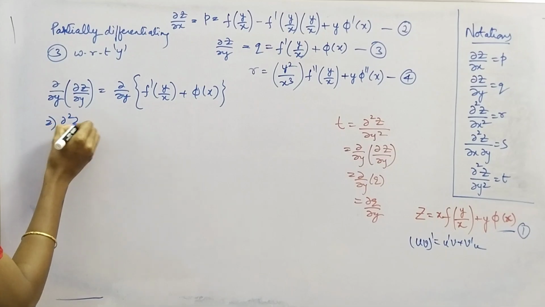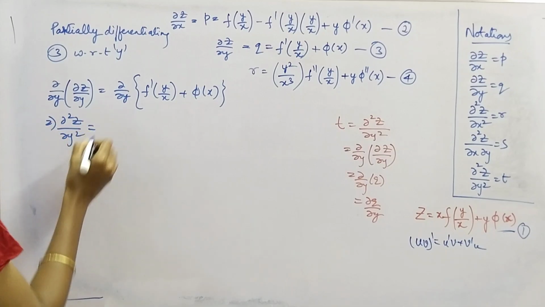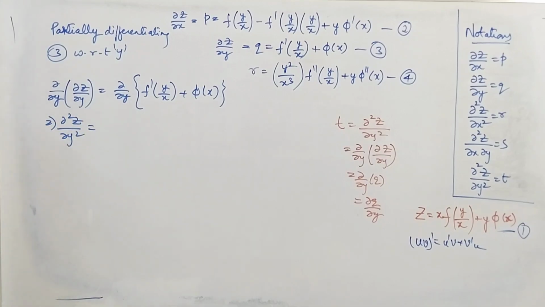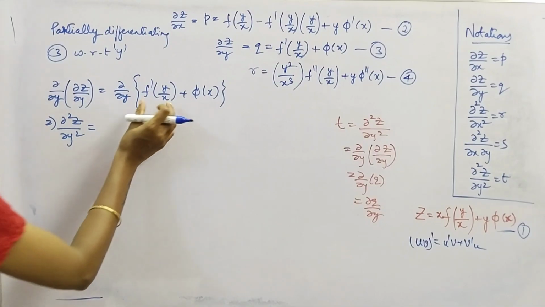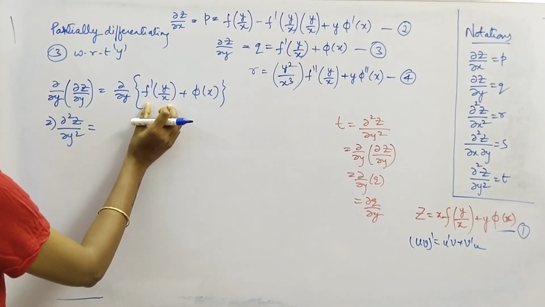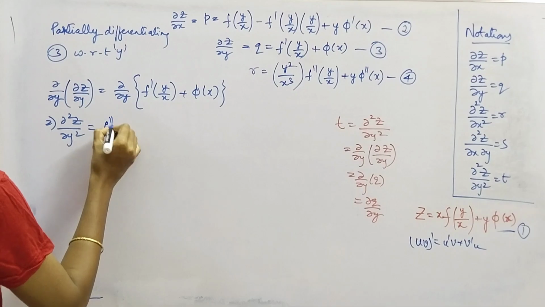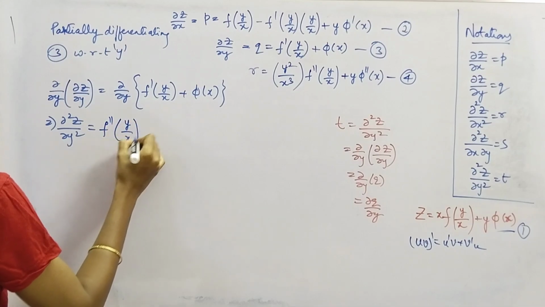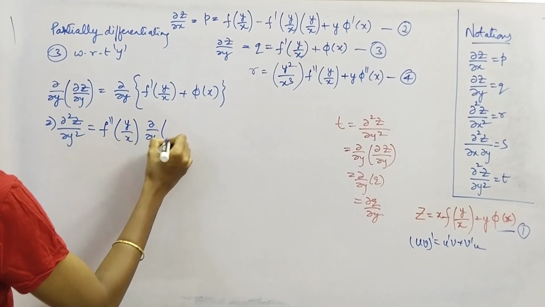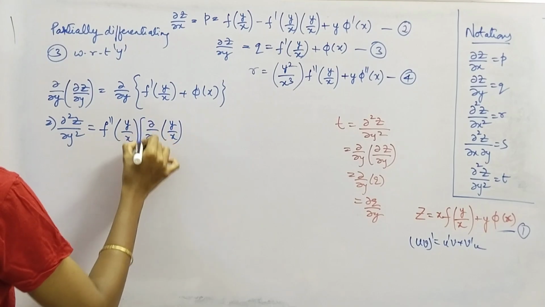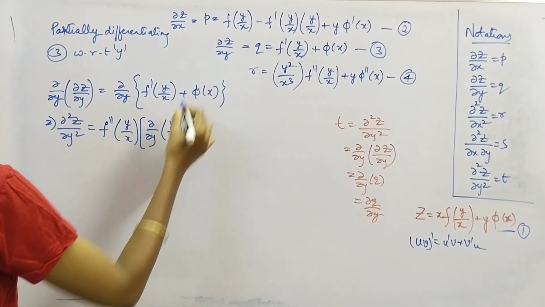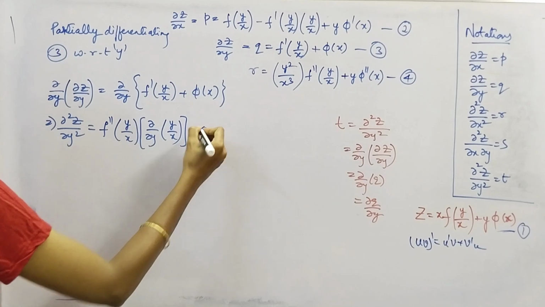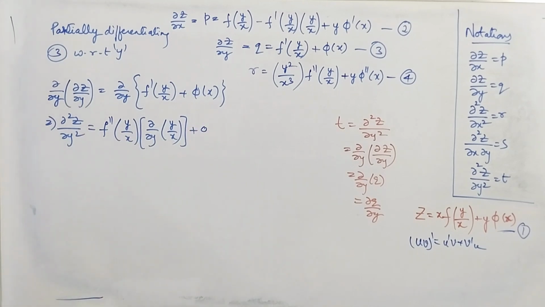This gives us dou square z by dou y square equal to, here we are partially differentiating with respect to y, so we'll treat x as constant. The partial derivative of f dash of y by x is f double dash of y by x into the inner derivative, that is dou by dou y of y by x, plus the partial derivative of phi of x, which is 0, since we are partially differentiating with respect to y.